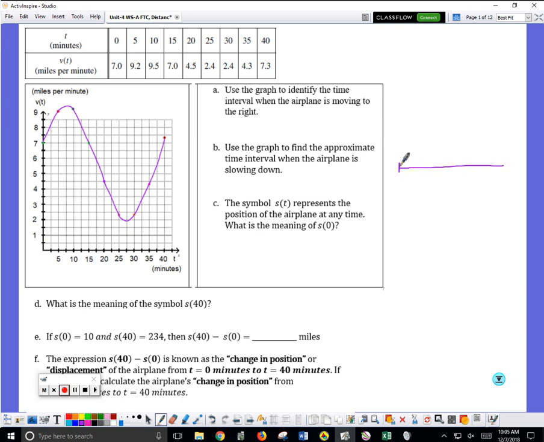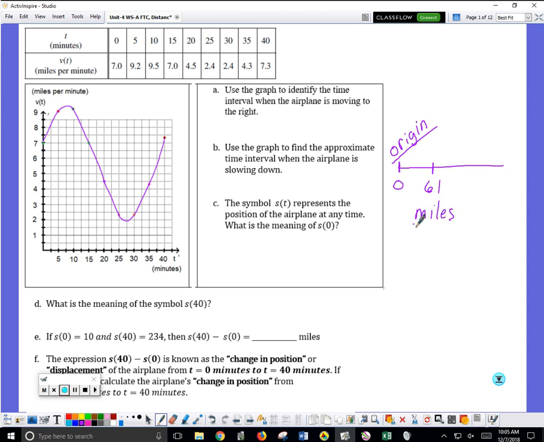I had you memorize in first term that location 0 is known as the origin. Please don't forget that. Location 0 is the origin. That doesn't necessarily mean the plane starts at the origin. In fact, we're going to say that the plane starts 61 miles from the origin.